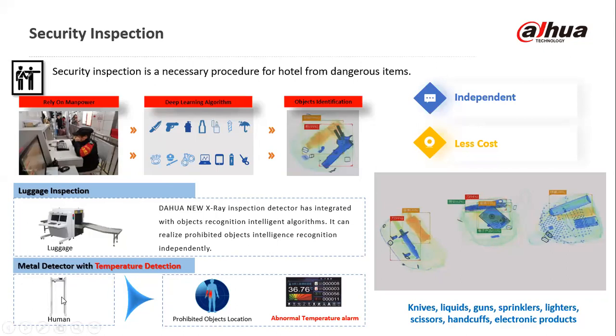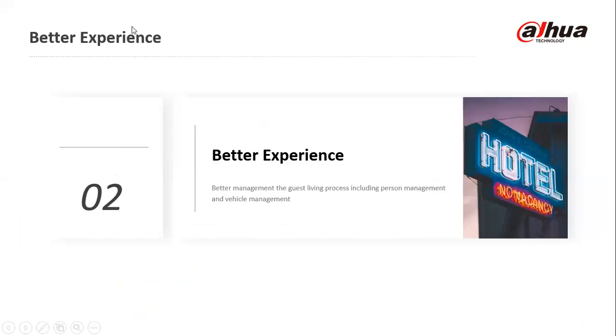Apart from temperature, it can also count people. For the detection side, it can support zones up to 18 zones. For those who understand metal detectors, 18 zones means dividing the detector into various zones, for easy identification of where exactly a metal object is. So maybe it's in the feet, the waist, the shoulder, etc.